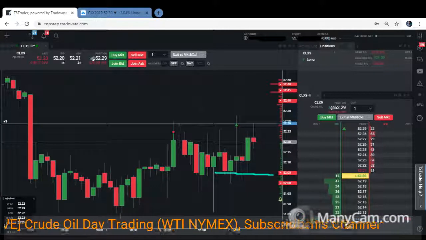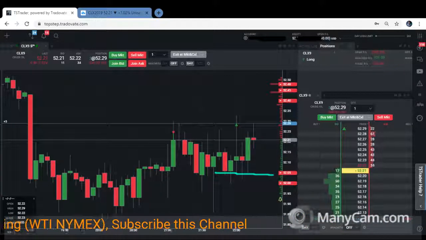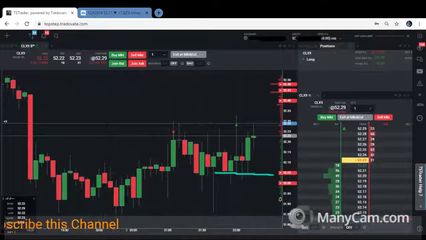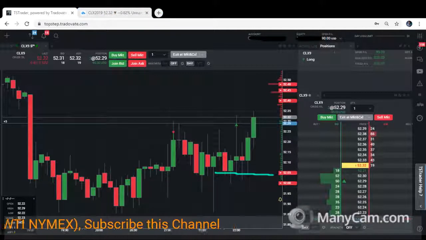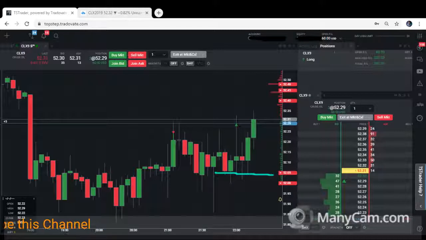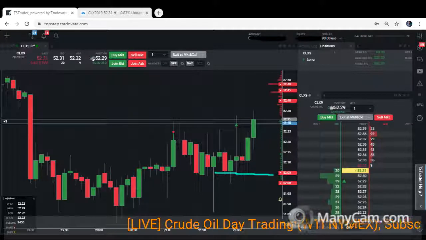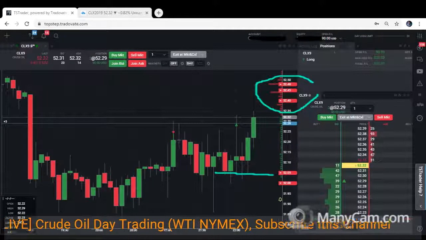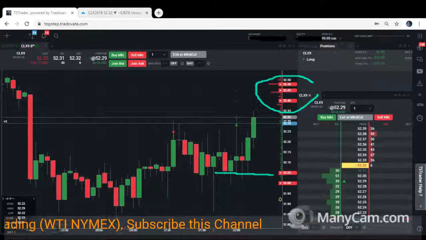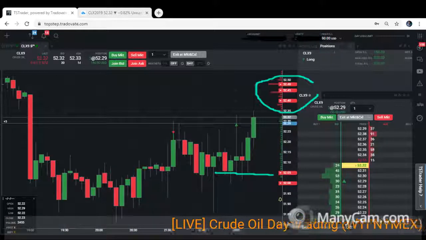This is how the trading is done. Okay, the market did break the nearest high, so we can see that the market might go towards our TP target, which is around this price level. Looks good so far.